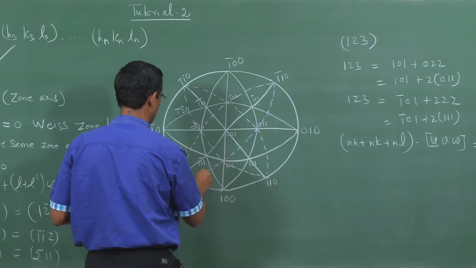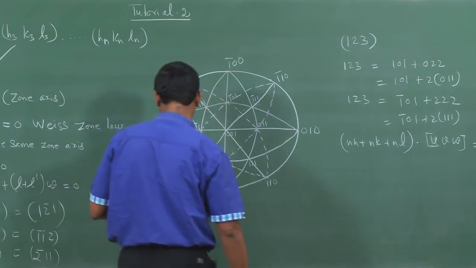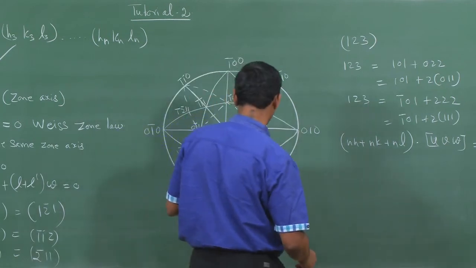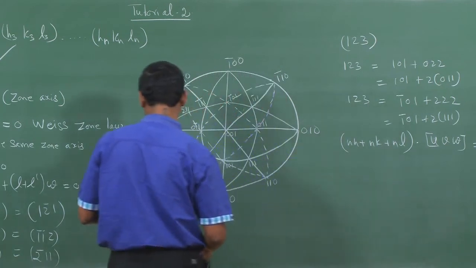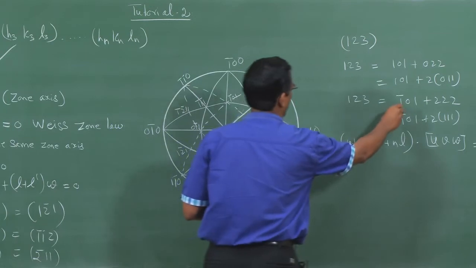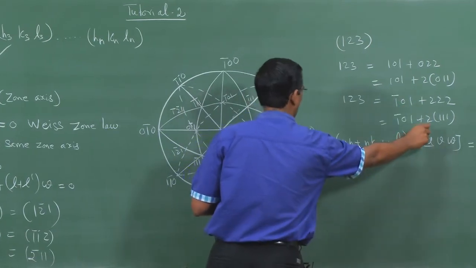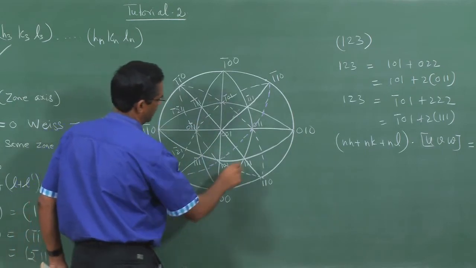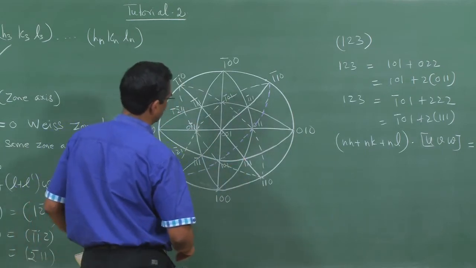So, it is easy. The other one is bar 1 0 1 plus 1 1 1. So, bar 1 0 1 is here and the 1 1 1 is here. So, we have to connect these two.